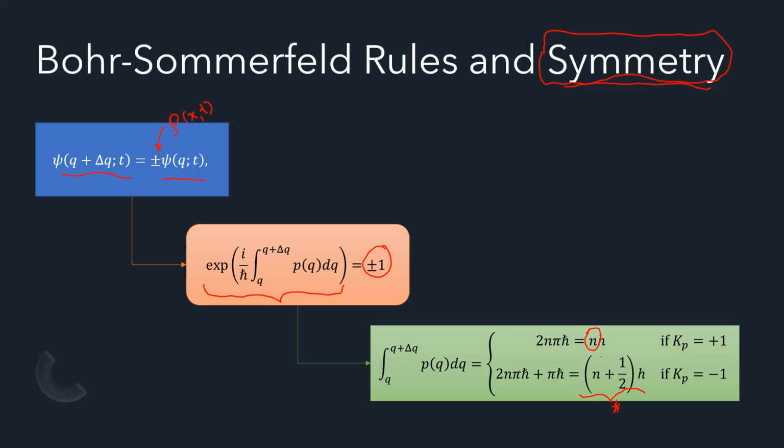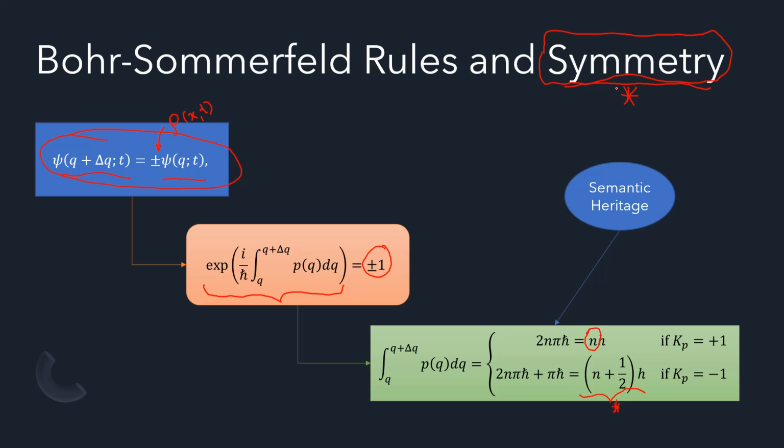But the most important thing here, and this will be used in the next video to relate particles and waves in some sense, in the beginning of our discussion about that, is that the way we derived Bohr-Sommerfeld rules is by assuming that there is a symmetry in the process. This is important because this will have some important relations to semantic heritage.